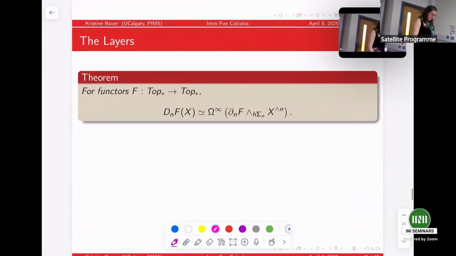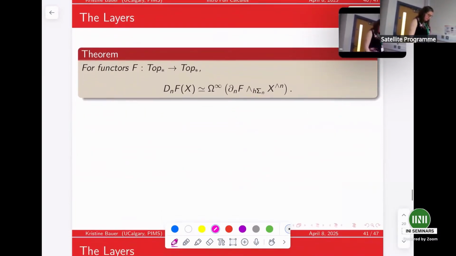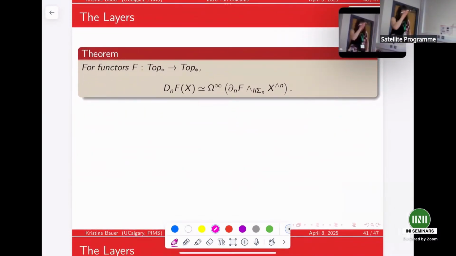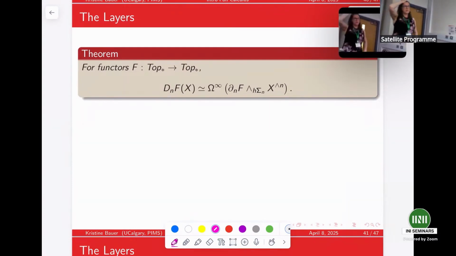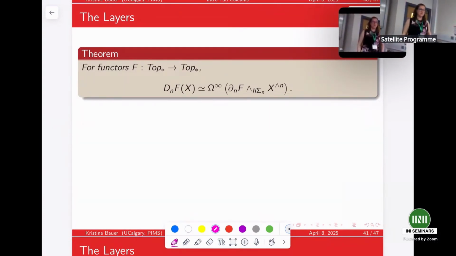But that is just the first part of what we want in order to justify using the language, the Taylor tower. We'd like to know that that tower of functors has a special form. I've shown you that the layers are n-homogeneous, but in fact, they have a special expression.